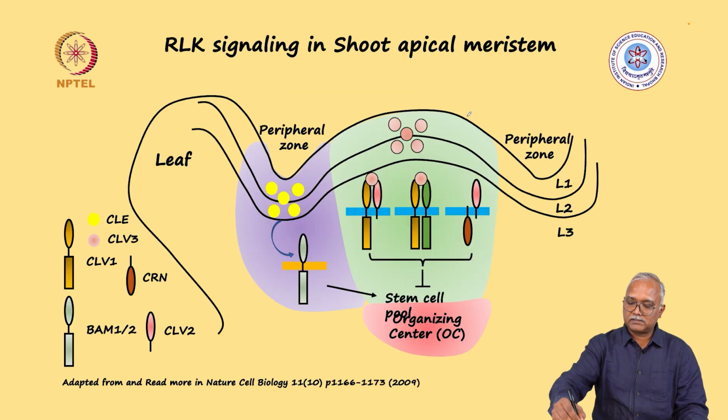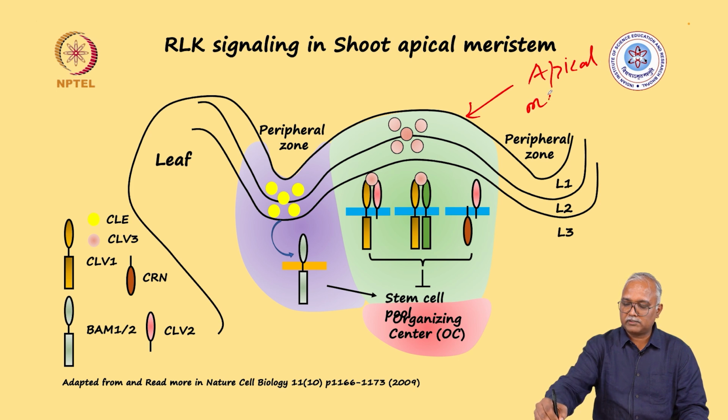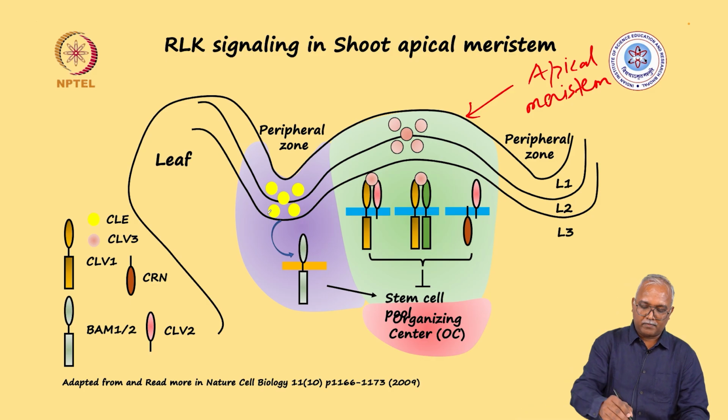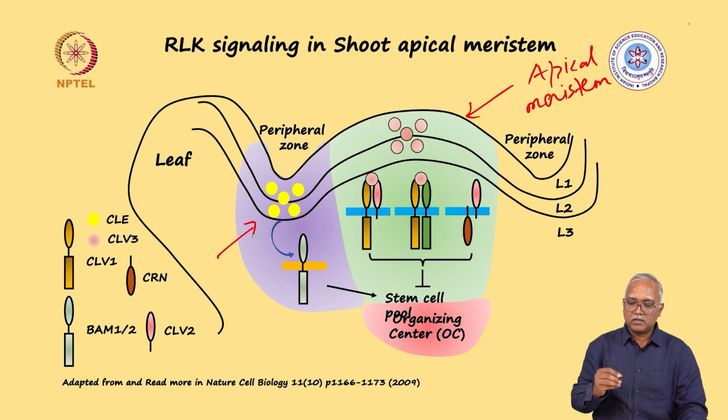What exactly is this area? This is the apical meristem, which you will see in the plant apex. If you go inside, you would realize that this particular region can be further identified as the peripheral zone. Then there is a central zone.